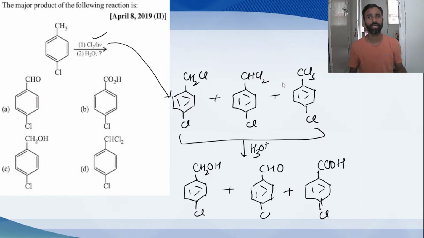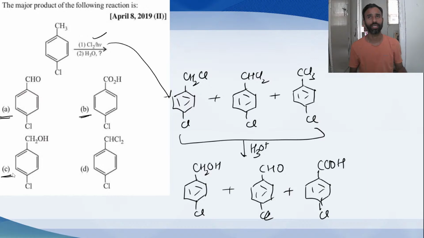COOHCl, because if two or more OH are attached to the same carbon, water is removed. So we can get CH2OHCl or CHOCl or COHCl. So see, COHCl is there, CHOCl is there, CH2OHCl is there.